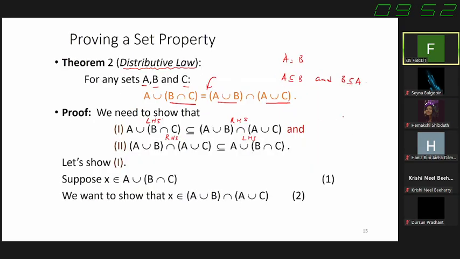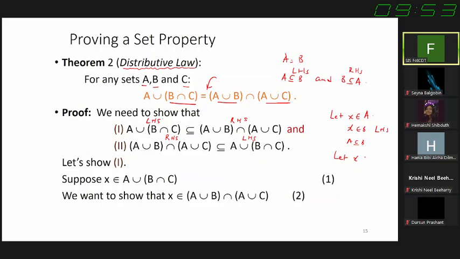For example, we say let X be an element of A, and then we need to prove that X is also an element of B. Therefore, we can prove that A is a subset of B. Then for the second part, this is the left-hand side and this is the right-hand side.